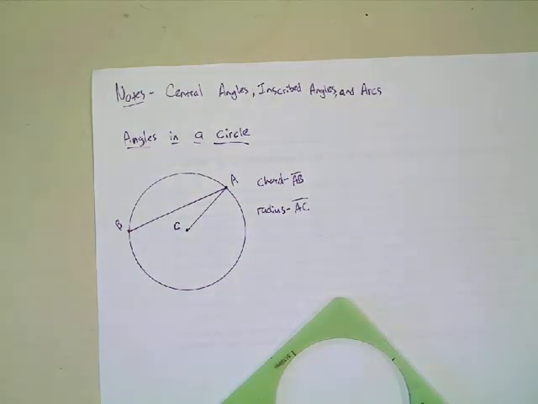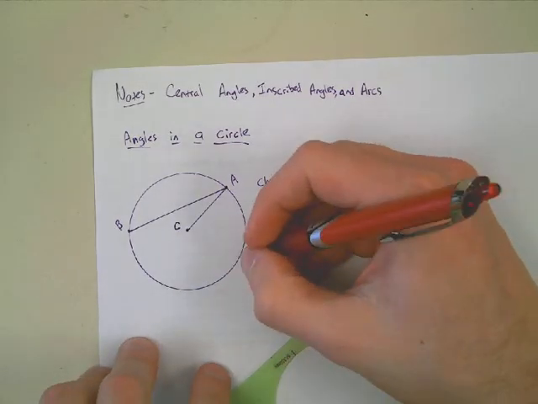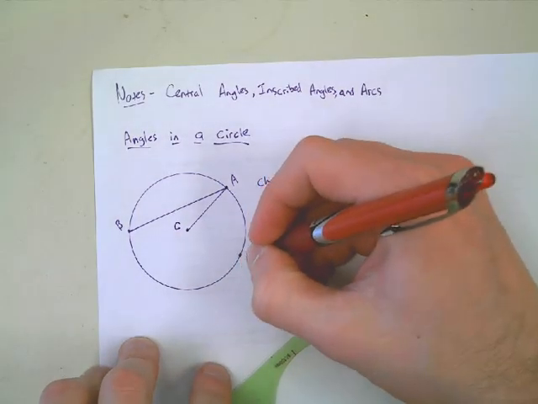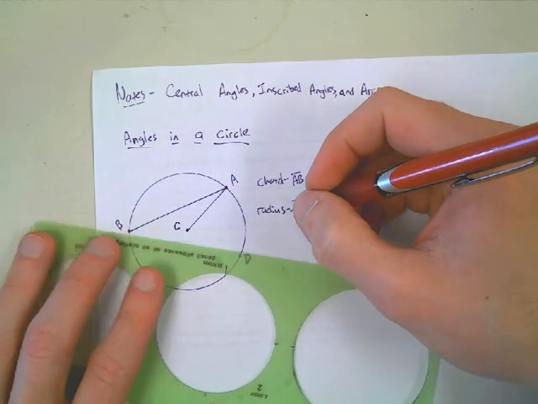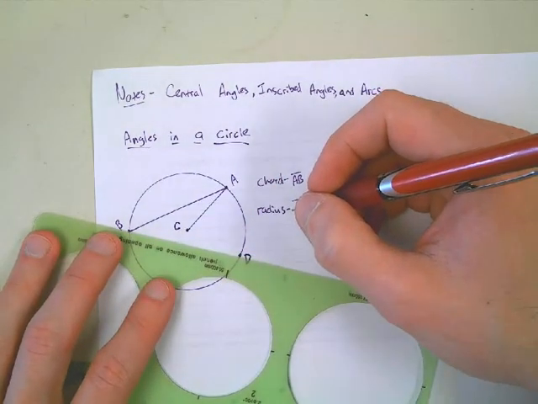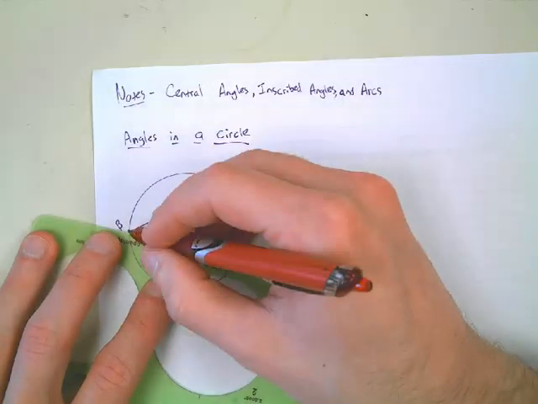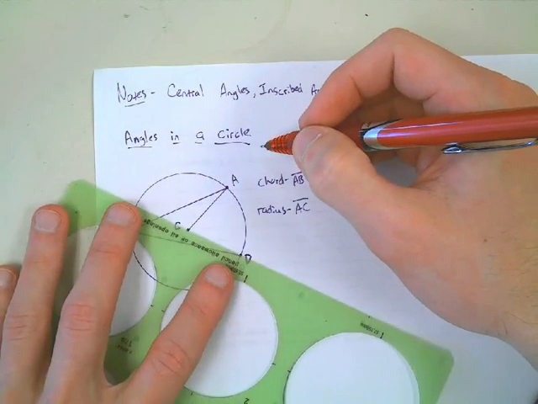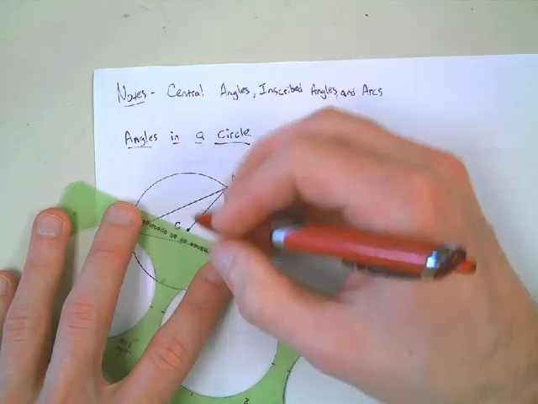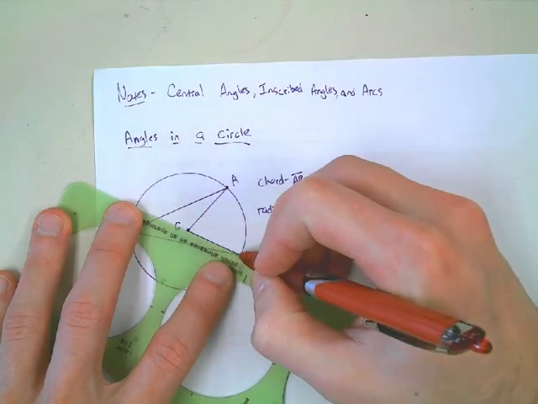Okay, I'm going to draw one more point in here, sorry, not two, one more point in. And we'll draw in a point D. And we'll also connect that to B. And from D to C. Like that.